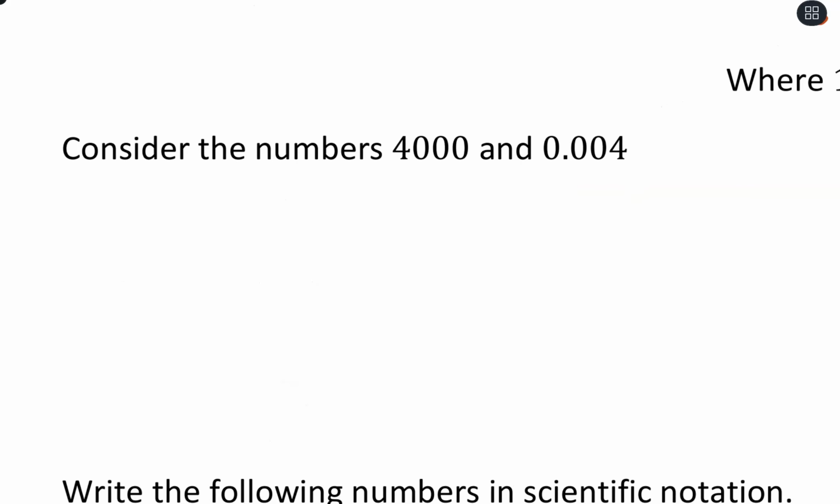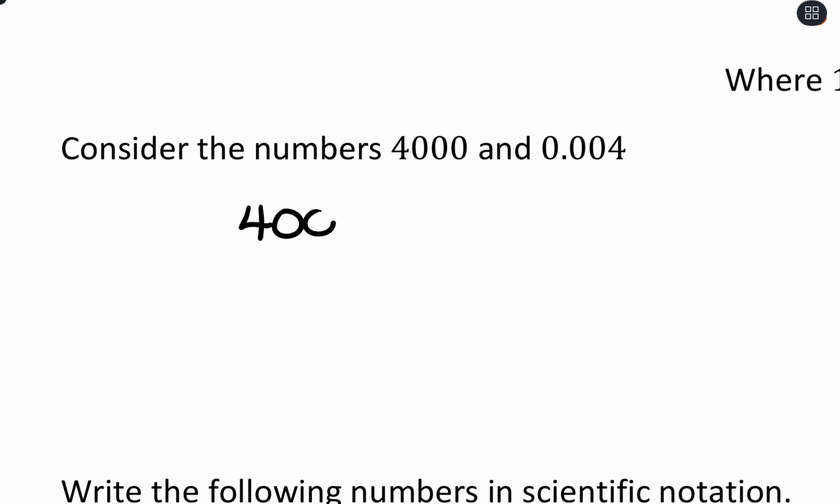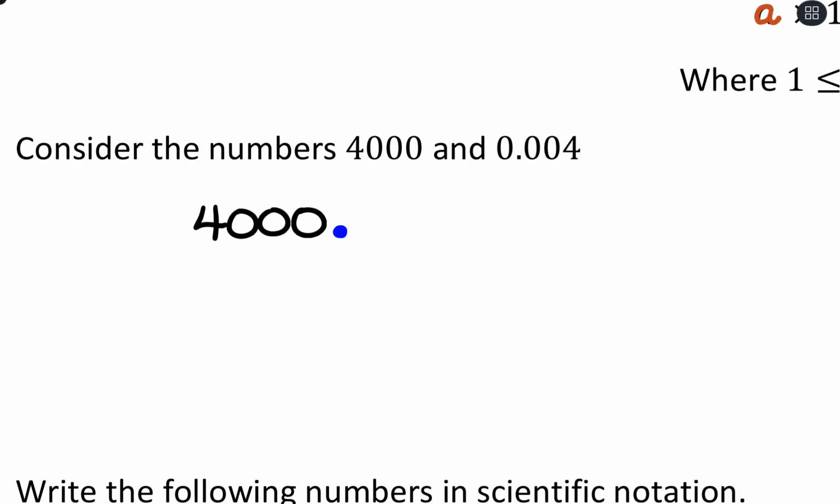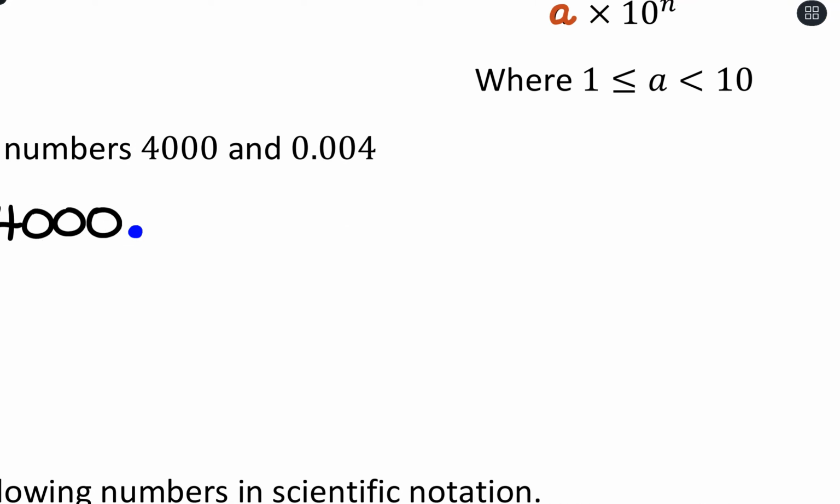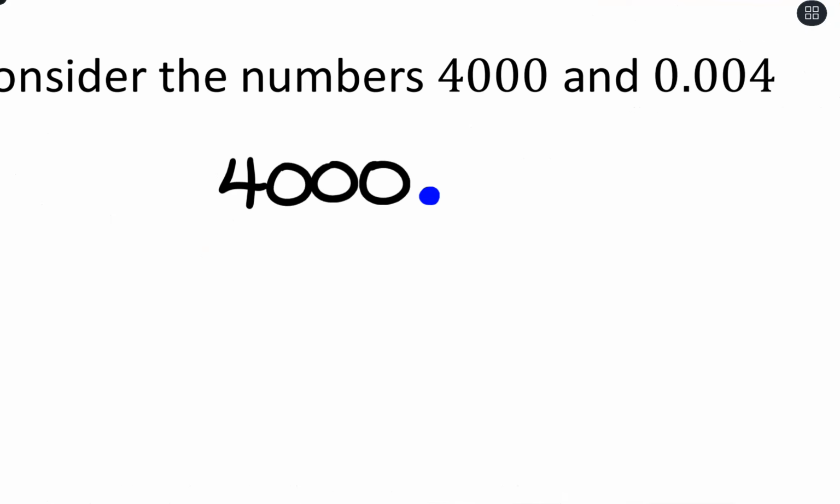So let's say we have the number 4,000. What I'm going to think of is, where is my decimal at this point with this number? And it is right here. So my decimal's at the end, showing this number 4,000. Now what I want to do is move this decimal over until I get to the spot where I have this number between 1 and 10.